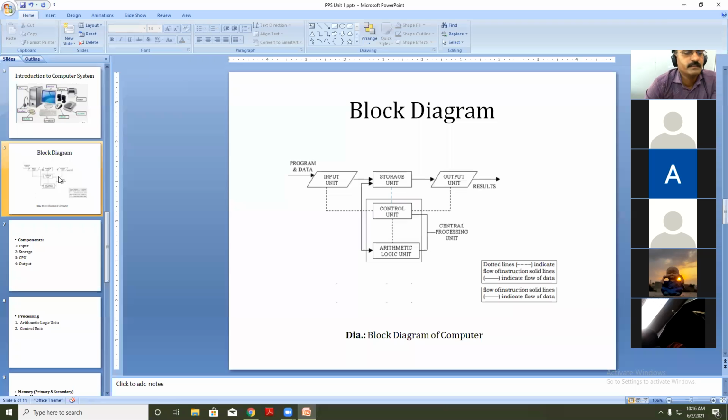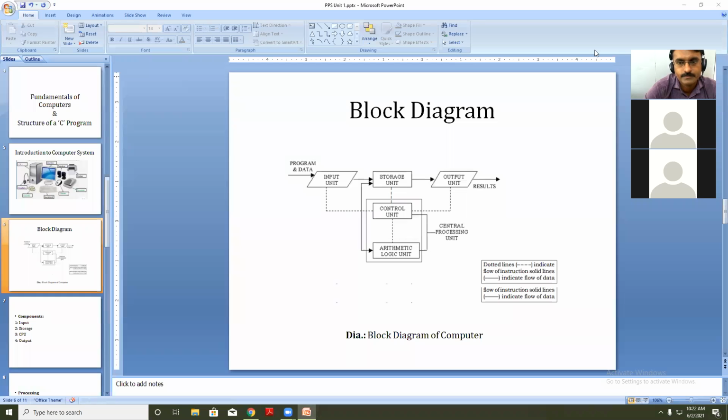Okay, block diagram. I wish you can note this block diagram. Yes, have you noted the diagram? Yes, sir.